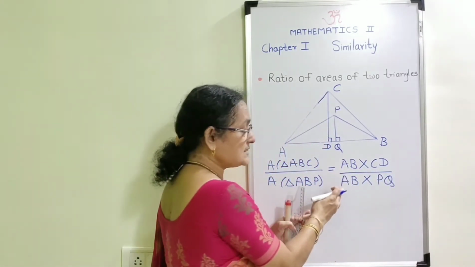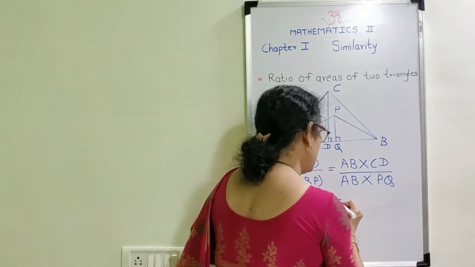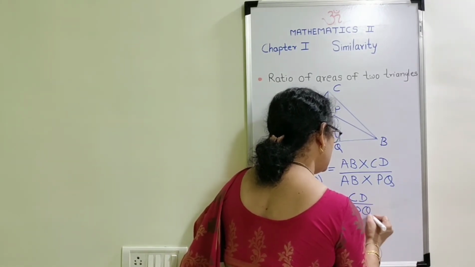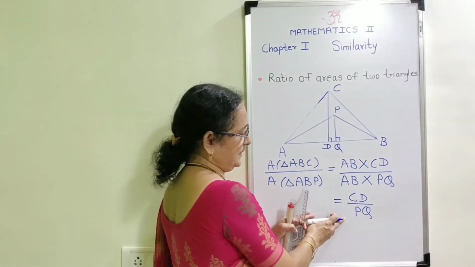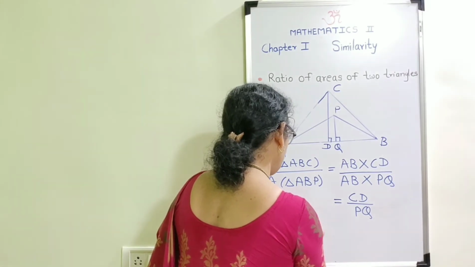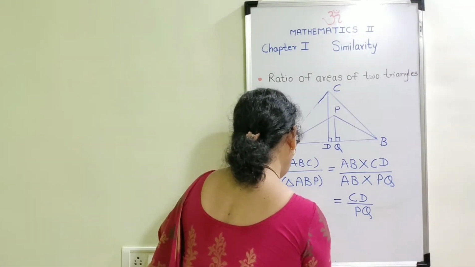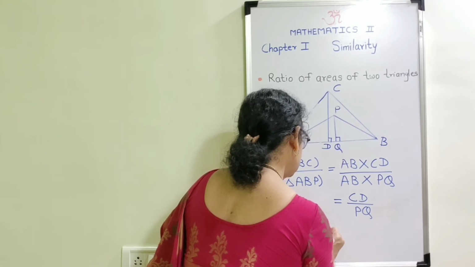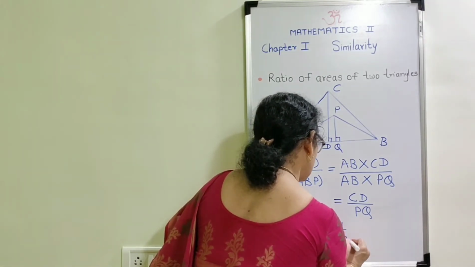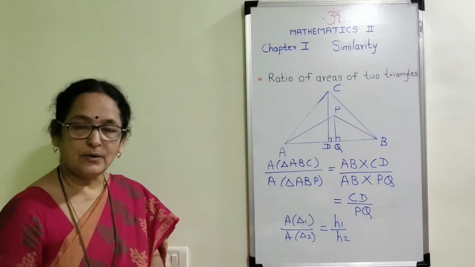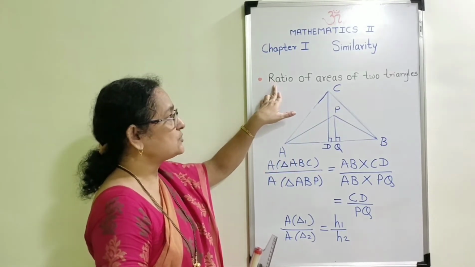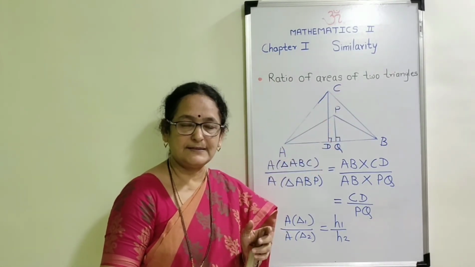Since base is common, it gets eliminated and we will get the ratio of areas of two triangles is equal to CD upon PQ. That means it is equal to area of triangle 1 upon area of triangle 2. When the bases are common, it is equal to H1 is to H2. Now we have completed all the three properties related with the ratio of areas of two triangles.